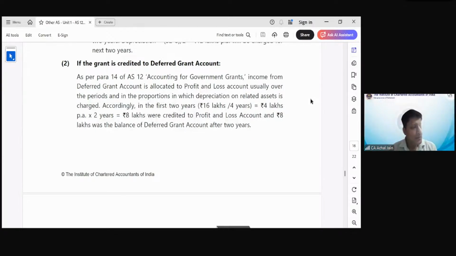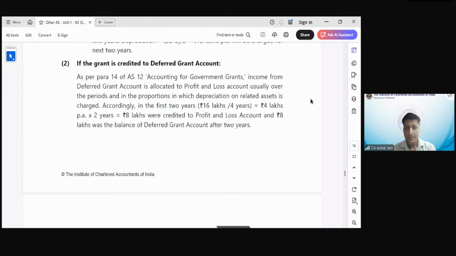Deferred income, government grant debit, the balance amount, that is 8 lakh.